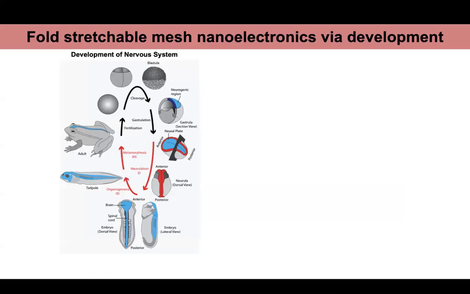It turns out that nature already gave us a solution. Over the time course of brain development, we found that this 3D brain started with a 2D stem cell sheet named the neural plate in the animal's embryo stage. This neural plate folds into a neural tube and, with further growth, becomes a 3D brain.